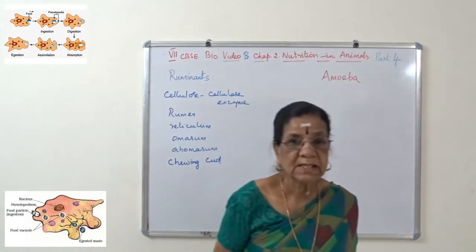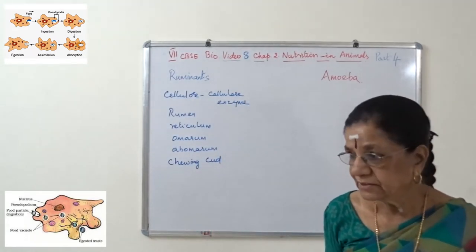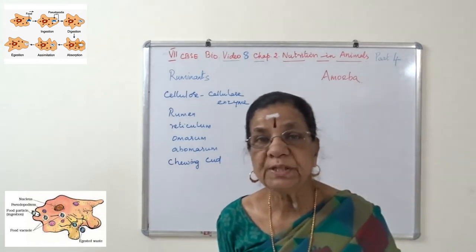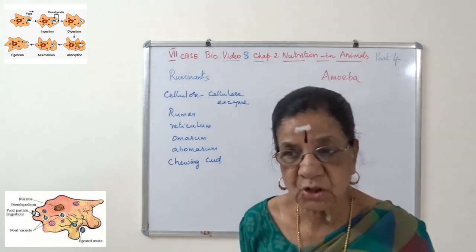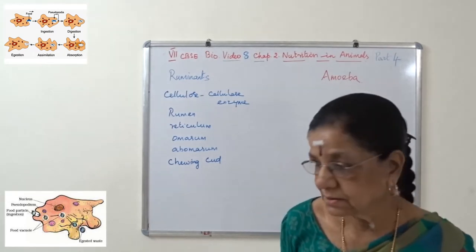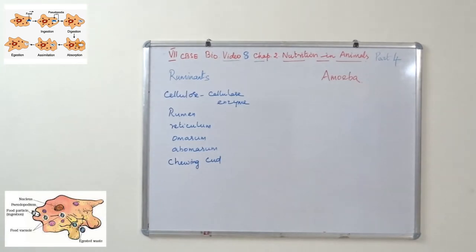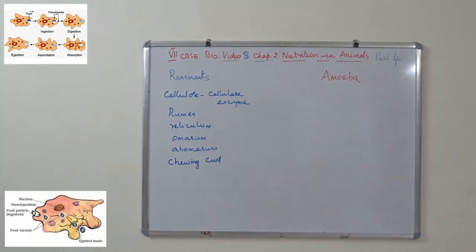So, these grass-eating animals, they take part in digestion as rumination. Characteristic feature of these ruminant animals. Okay, what is it? As chewing the cud, that is also important. I hope you understand. So what I say for ruminants?